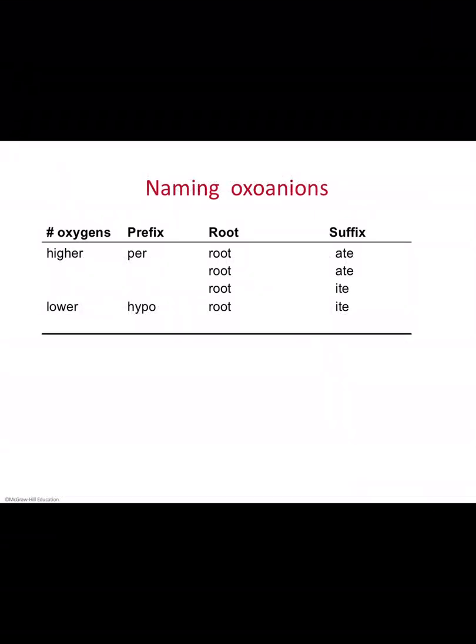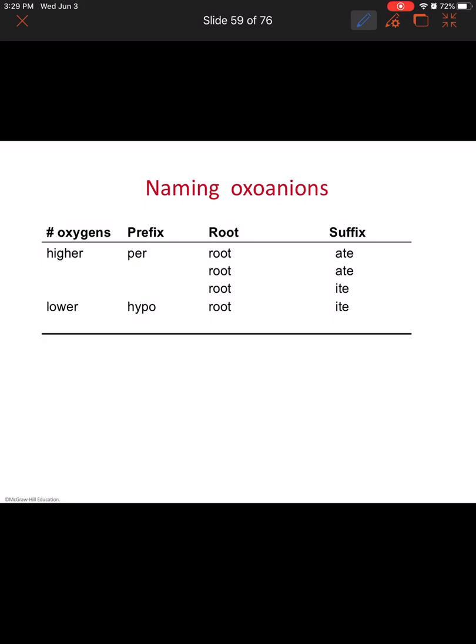Naming oxoanions. Sometimes we have compounds with oxoanions that can have four different amounts of oxygens. Normally this happens with halogens, the elements we find in group 7.